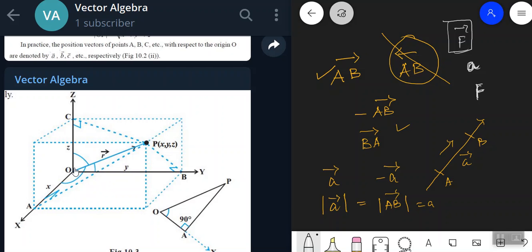Similarly, let us identify OBP, where B is at a right angle, that is 90 degrees. Similarly, consider O, C, and P, where C is at a perpendicular angle. As you already know, the longest side, the side opposite to the right angle, is the hypotenuse.